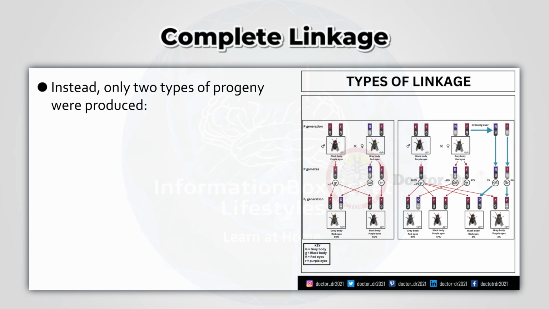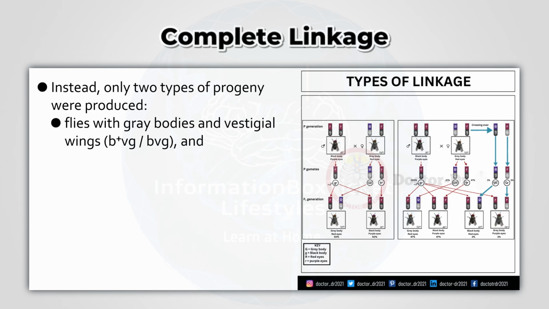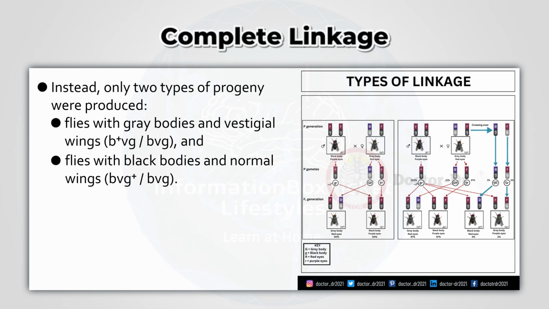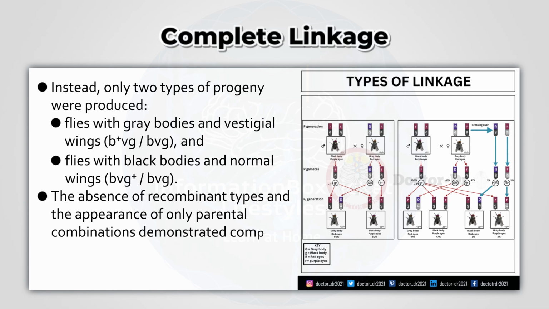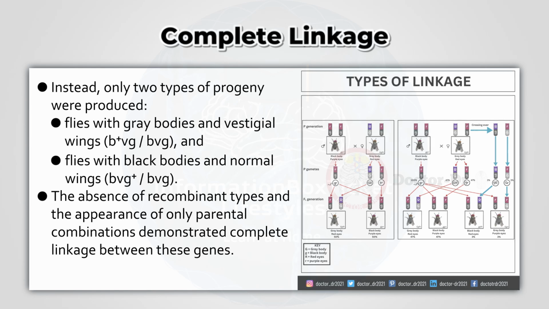Instead, only 2 types of progeny were produced: flies with gray bodies and vestigial wings, b+ vg/b vg, and flies with black bodies and normal wings, b vg+/b vg. The absence of recombinant types and the appearance of only parental combinations demonstrated complete linkage between these genes.